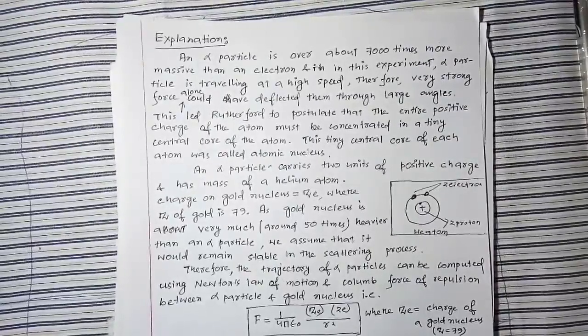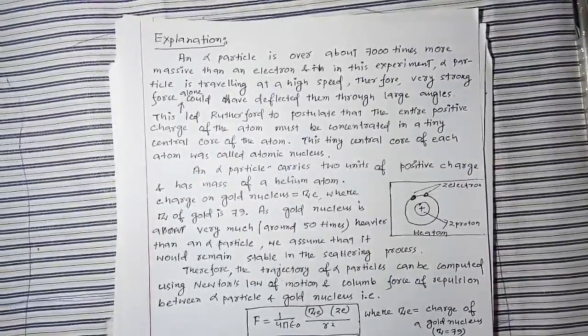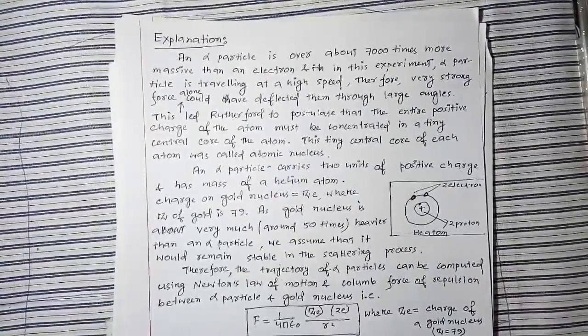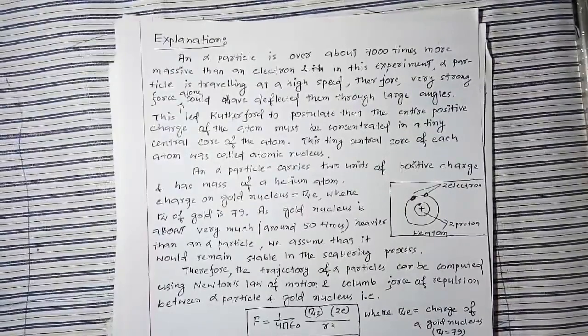First observation. Second observation. Since 1 in 8,000 alpha particles is suffering a very high deviation, with a scattering angle or deviation angle more than 90 degrees, what does it mean? I already told you the alpha particles are very massive and have very high velocity.